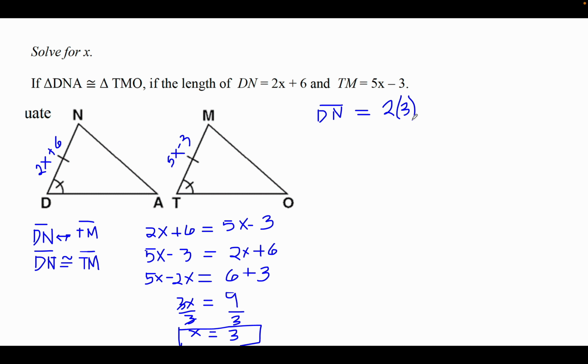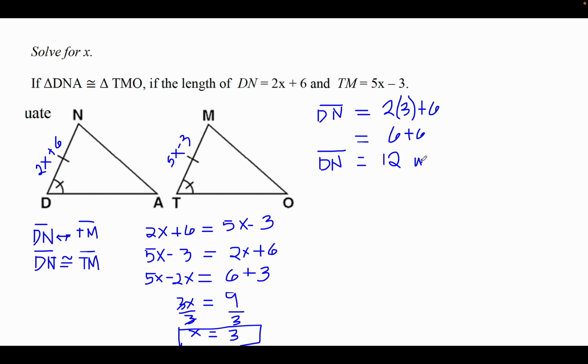Substitute 3 for x, and then plus 6. So 2 times 3 is equal to 6, plus 6, and then 6 plus 6 is equal to 12. Therefore, line segment DN is equal to 12 units.